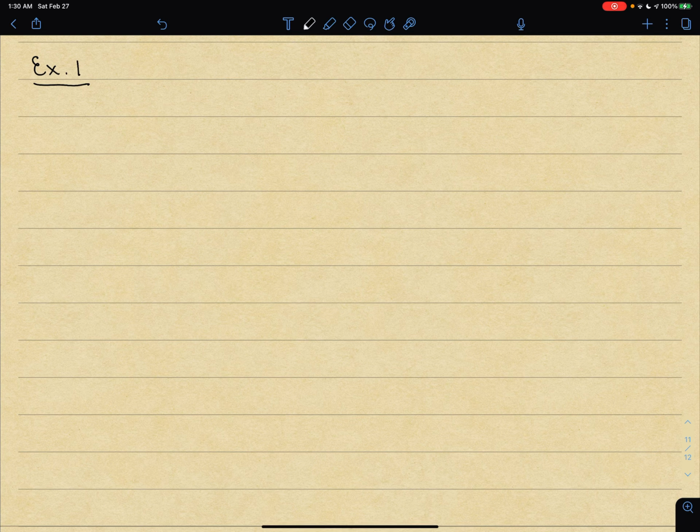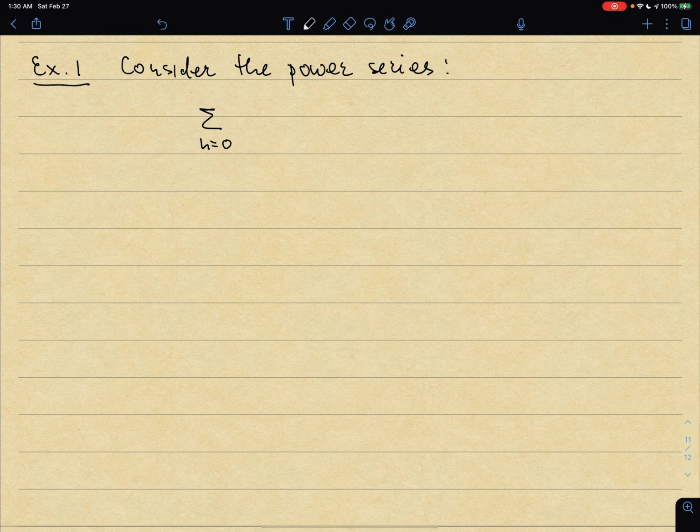I'm going to consider the power series, the sum from n equals 0 to infinity of x to the power n.